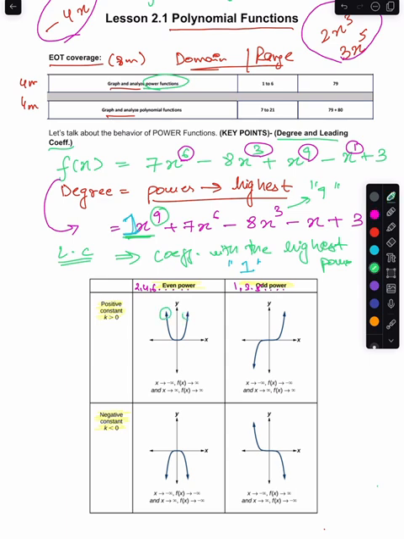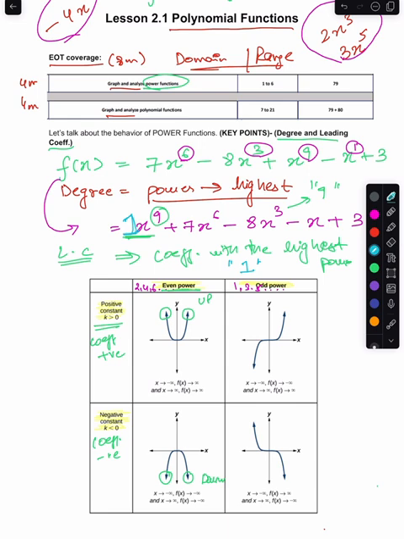The ending of the graph for even power will always be either both up or both down. That's the special thing about it. So when it is both up, the coefficient is positive, and here the coefficient is negative. So easy to remember, with even power, both ends are up or down: up when it's positive, down when it's negative.